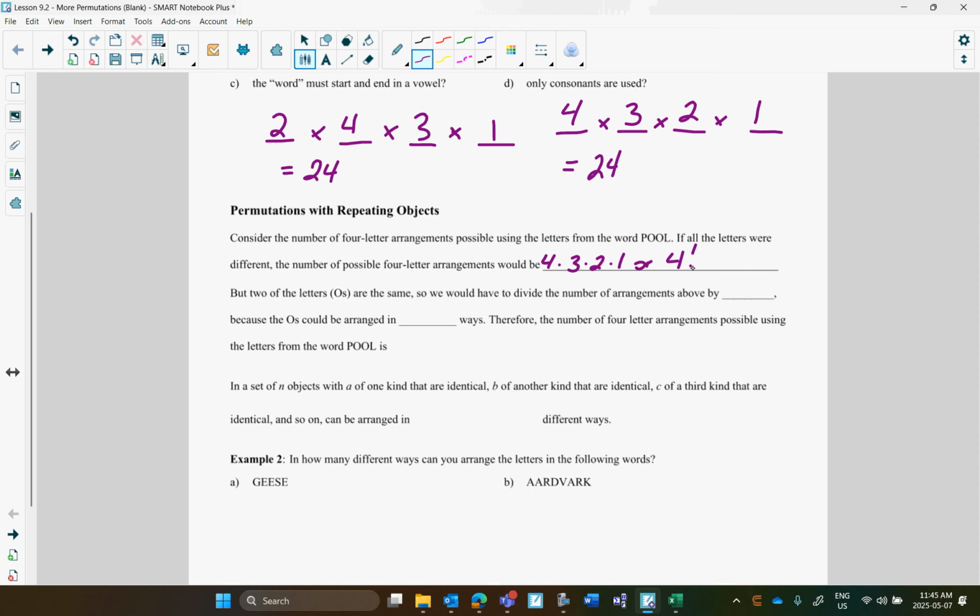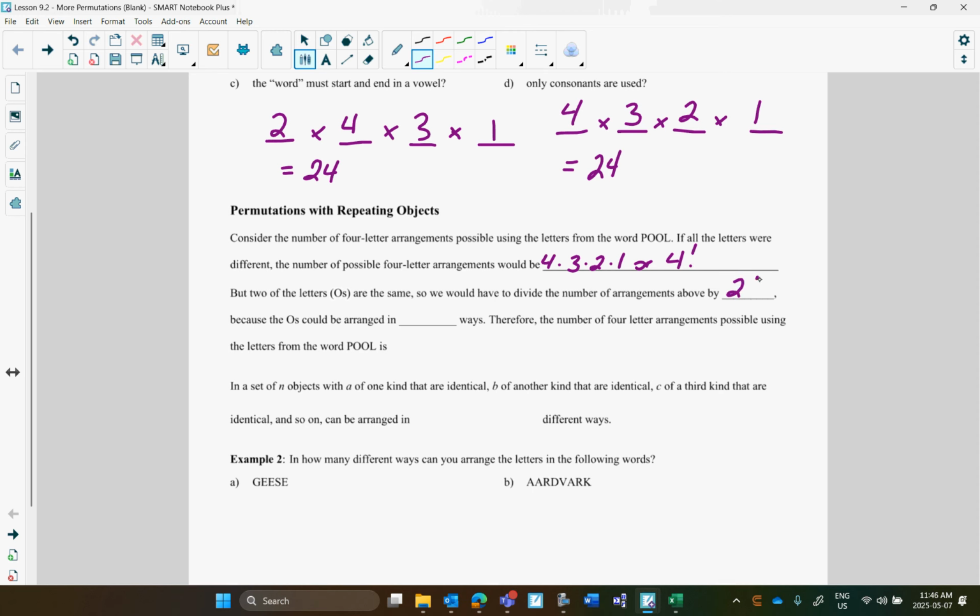But 2 of the letters are the same, so we have to divide the arrangements in half, right? Because pool appeared twice, and loop would appear twice, and polo would appear twice, and lopo would appear twice, and opal would appear twice, etc., etc., etc. So I've got twice as many as I need. So I divide by 2.